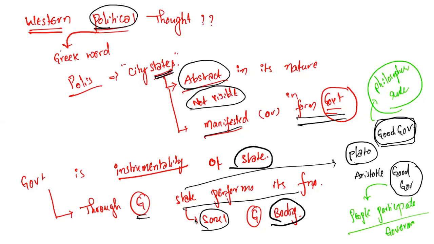Now, what is governance? I am speaking about governance. Governance is something which is there to establish law and order. Governance is something which establishes law and order. And the concept is evolving over a period of time.